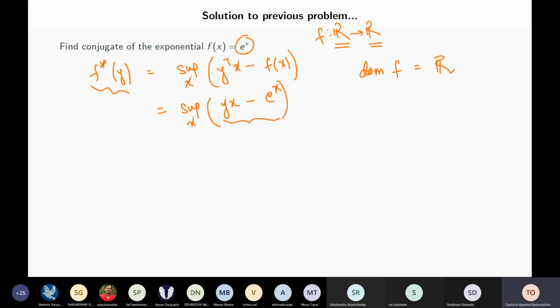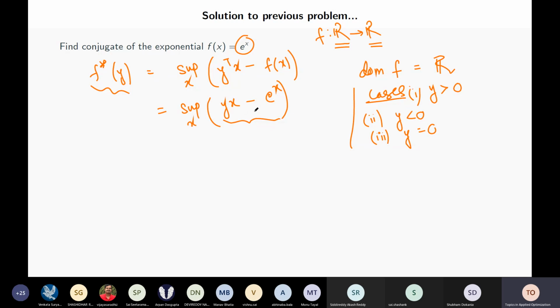Usually we consider cases: y greater than 0, does it remain bounded? Then y less than 0, and then y equal to 0. We try to partition y in this way and go case by case.